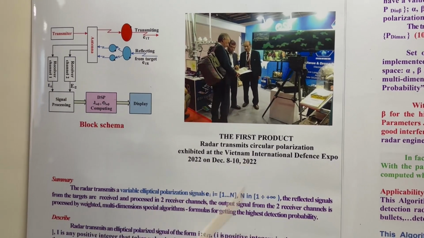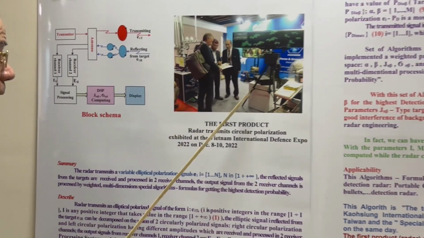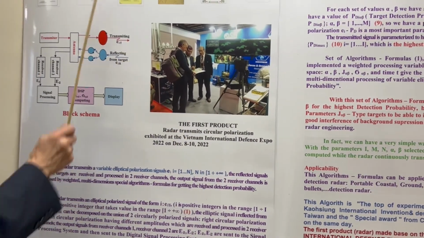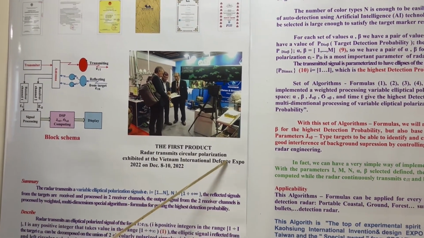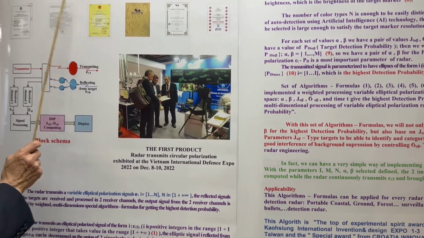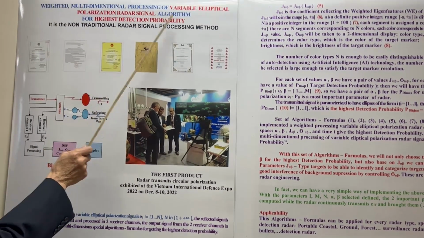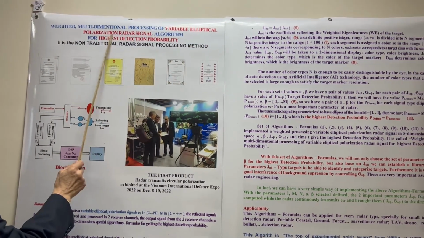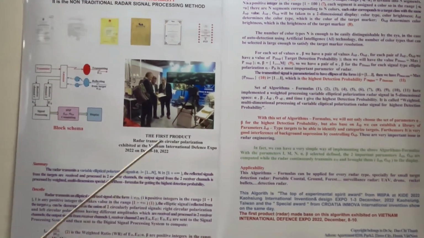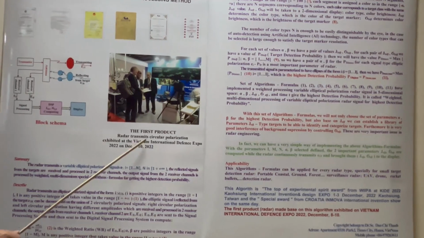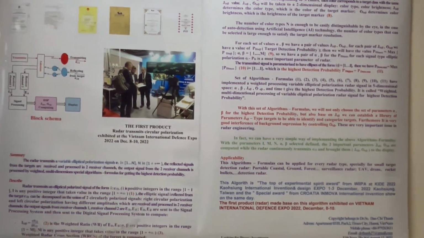It is the first product, and it's made by this algorithm, but the signal is circular polarization. Of course, if we use variable elliptical polarization radar signal, it is much better. But for the first product, we use circular polarization.